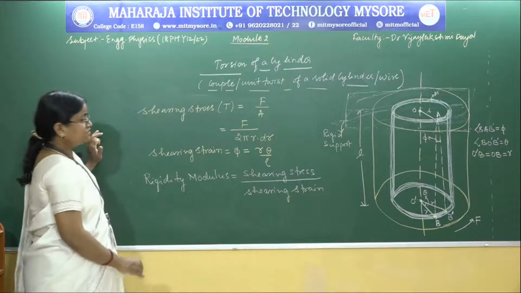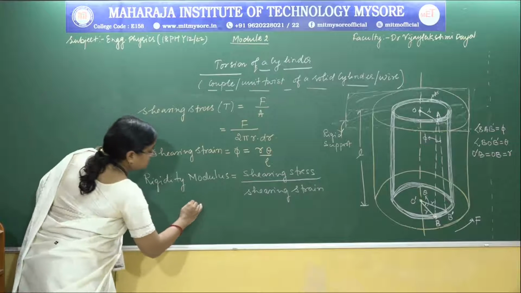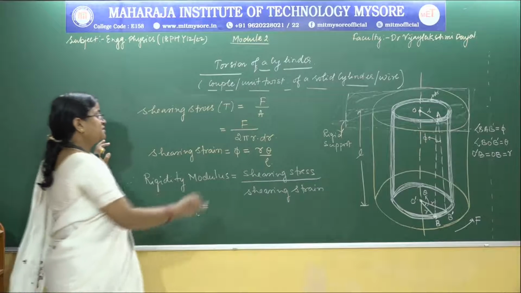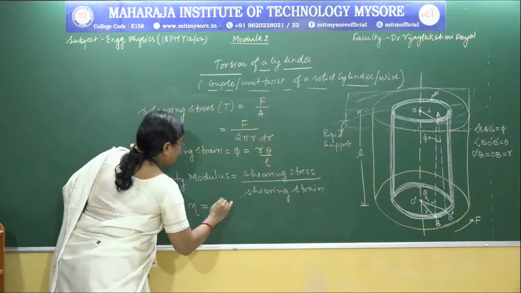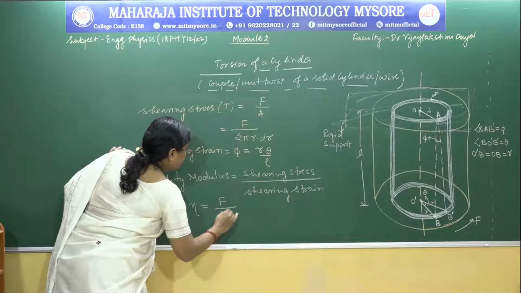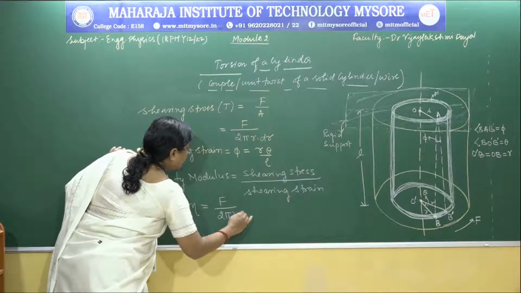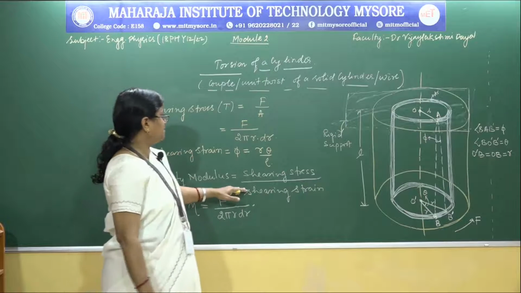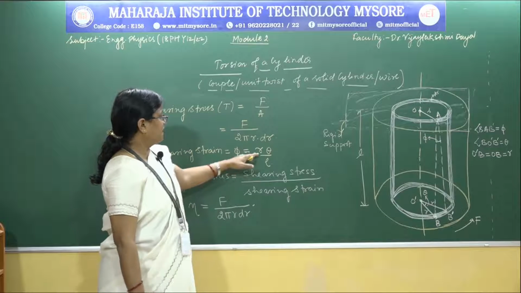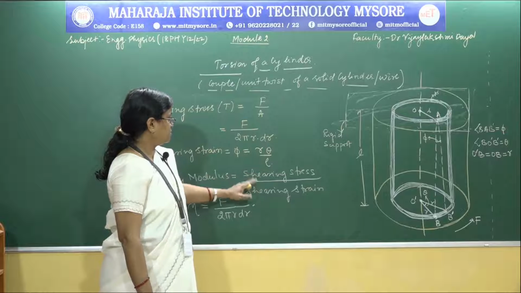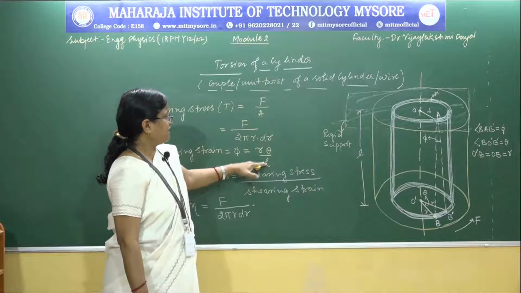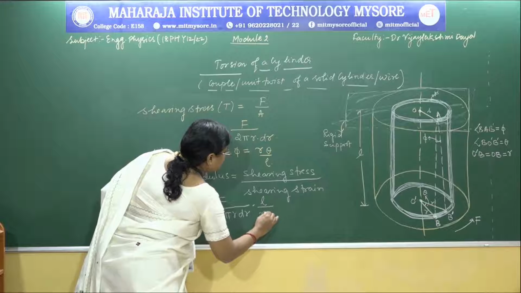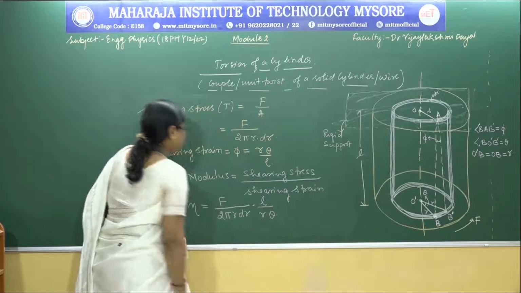Now we will substitute the value. We know rigidity modulus is defined by the term eta, shearing stress is force by 2 pi r into dr, and shearing strain is equal to r theta by L. So the reciprocal value will be L divided by r into theta.